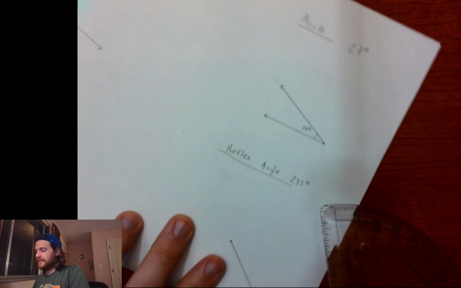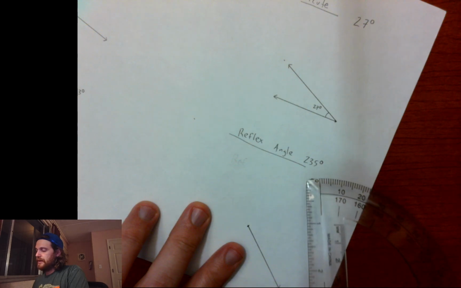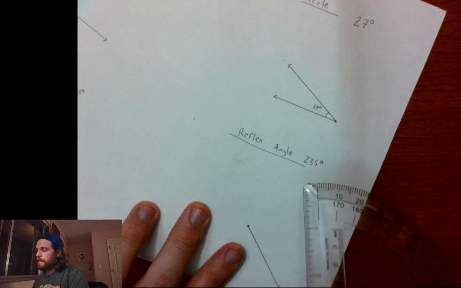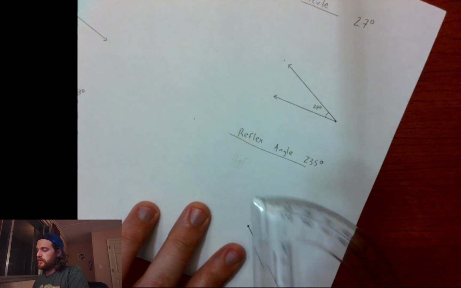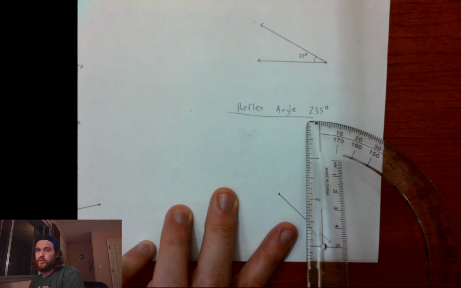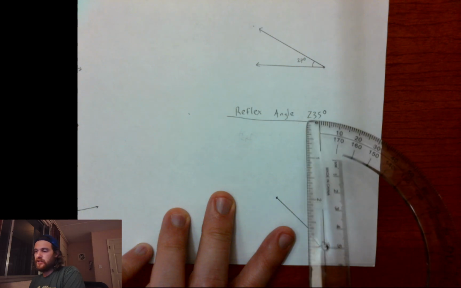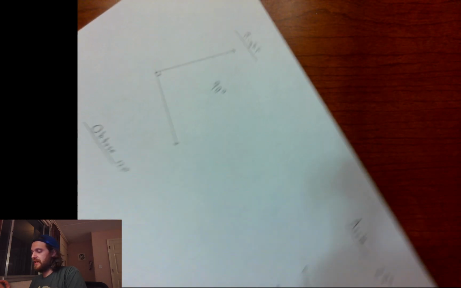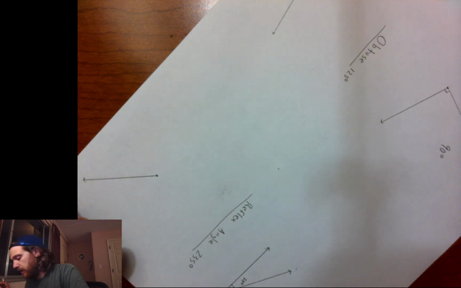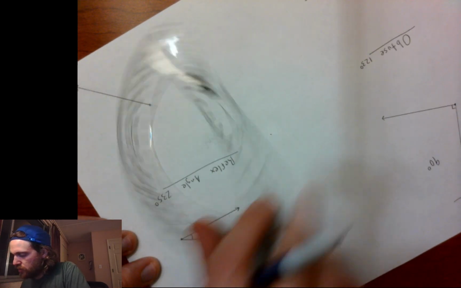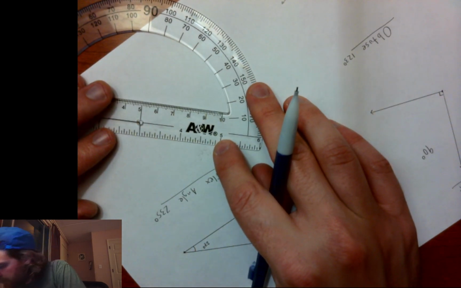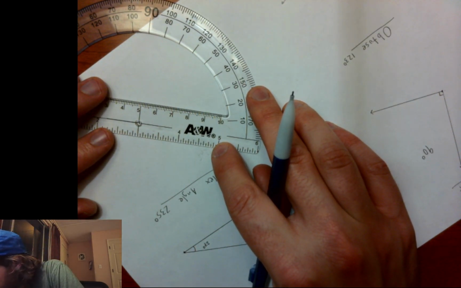And then what I can do is I can say, well, 235 is how many degrees past 180? Well, to get to 200, this is 35 past 200. To get from 180 to 200 is 20, so 20 plus 35 gives me 55. So what I'm going to do is flip this around. I'm going to line this side up just like that.